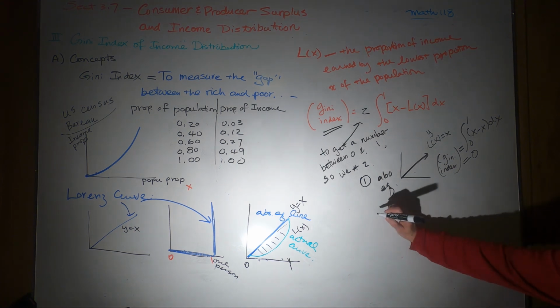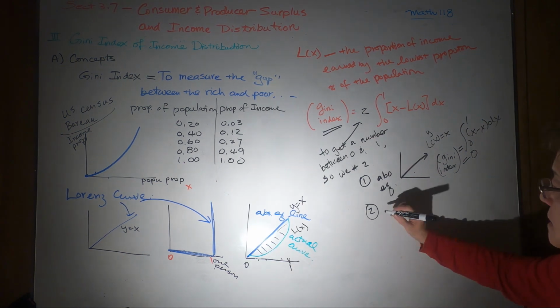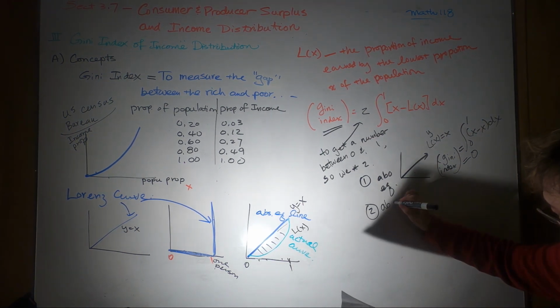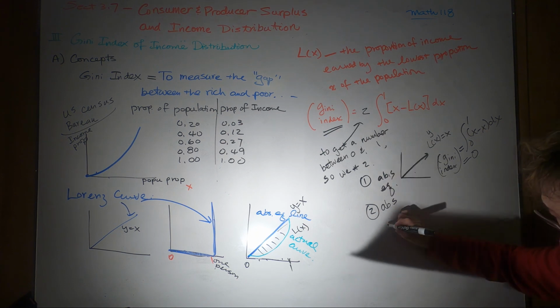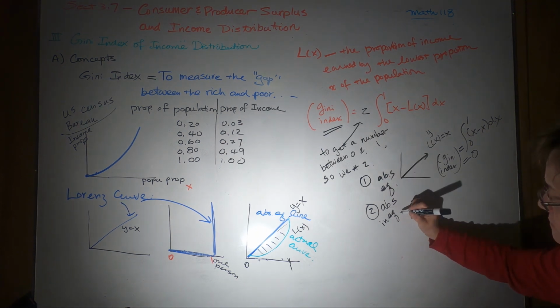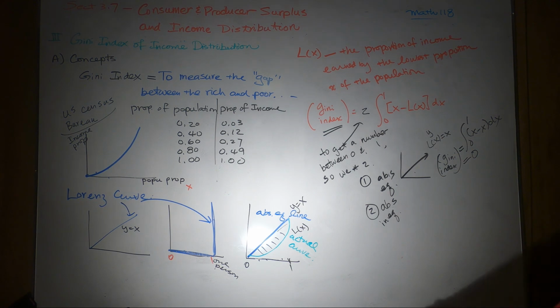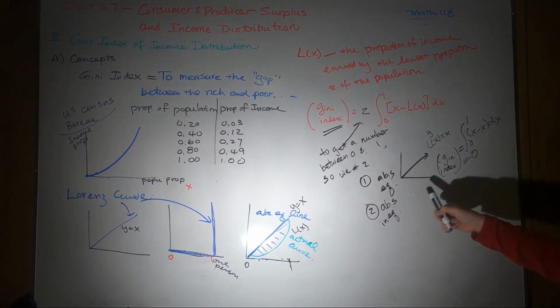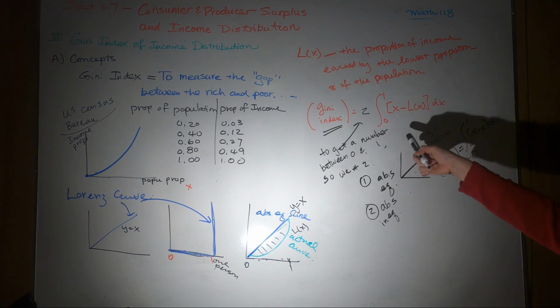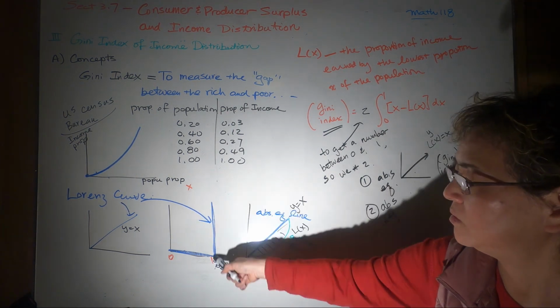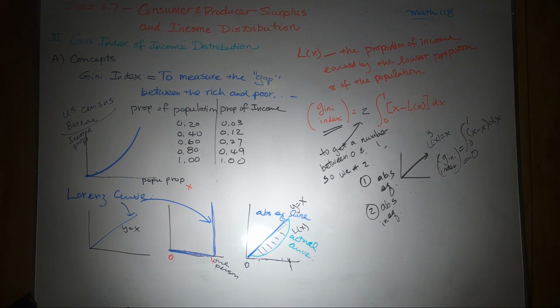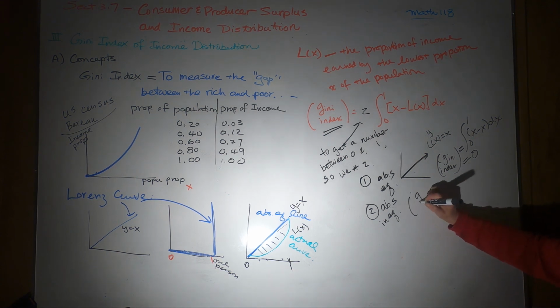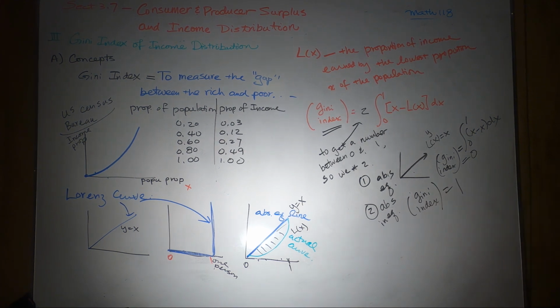All right, in this situation of absolute inequality, that means everybody has nothing and one person has everything. So if we do the Gini index with this, where only the last person has everything, your Gini index is 1.